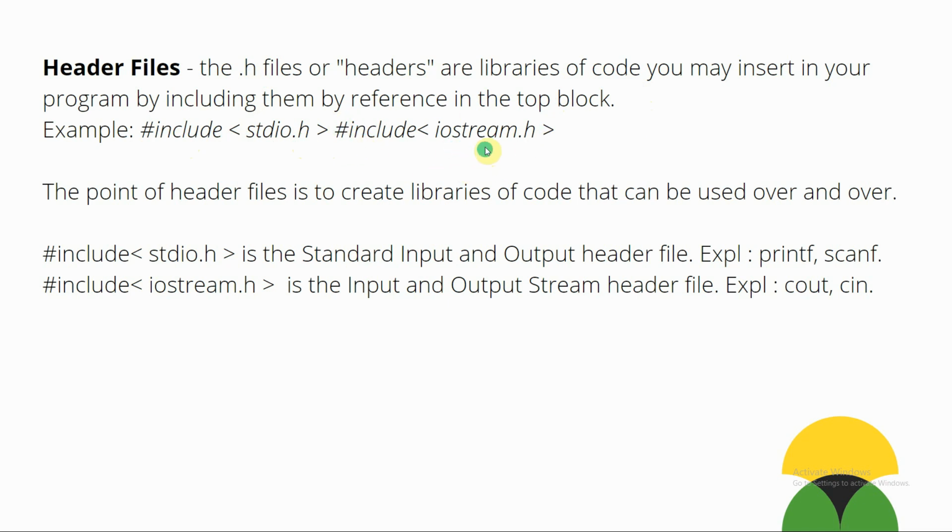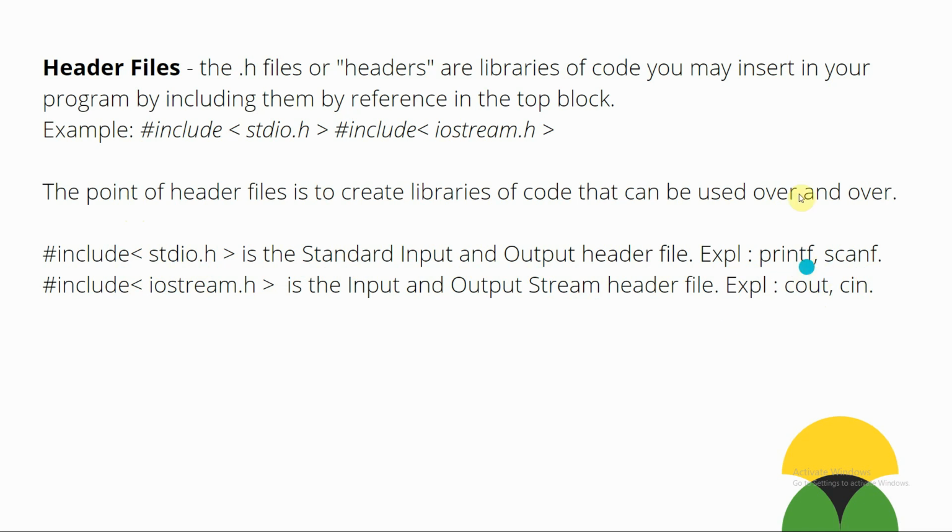So in this example, we added iostream, the input and output stream header file, wherein you can use cout or cin. For stdio.h, this is a shortcut for the standard input and output header file, and examples are printf and scanf.